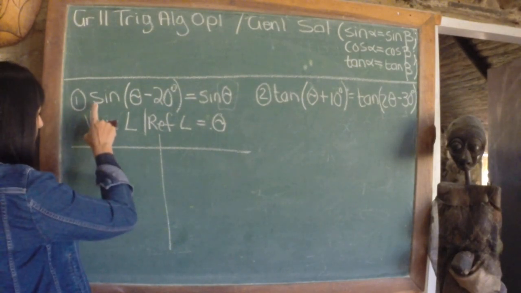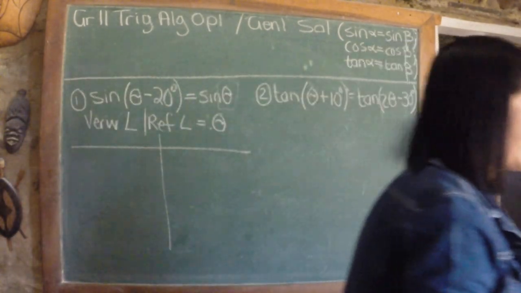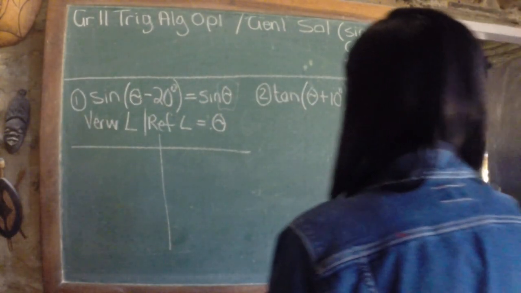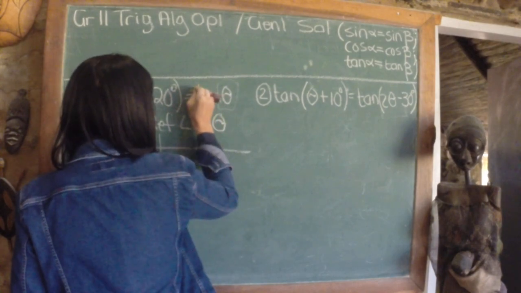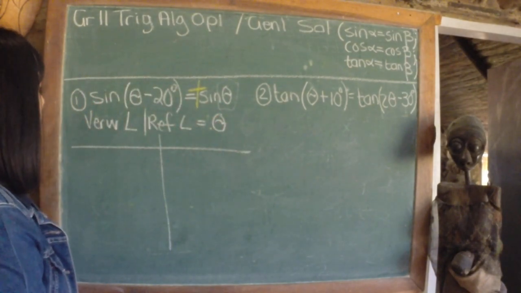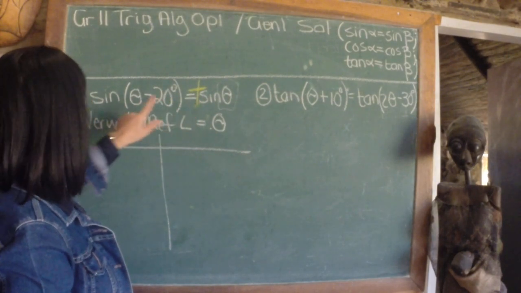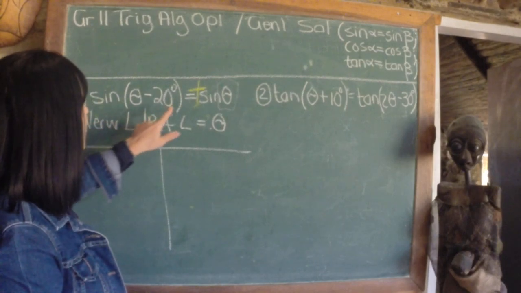En ek kyk so, sin, hoek is gelyk aan, there's a positive before the sinus theta. There's a positive. Can you see the positive? That positive means I'm going to see where the sinus function is positive.